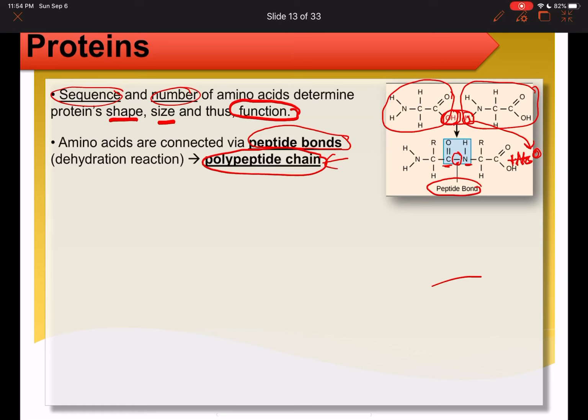And this carboxyl group can then go on to react with another incoming amino acid, and that amino acid would have an amino group as well.